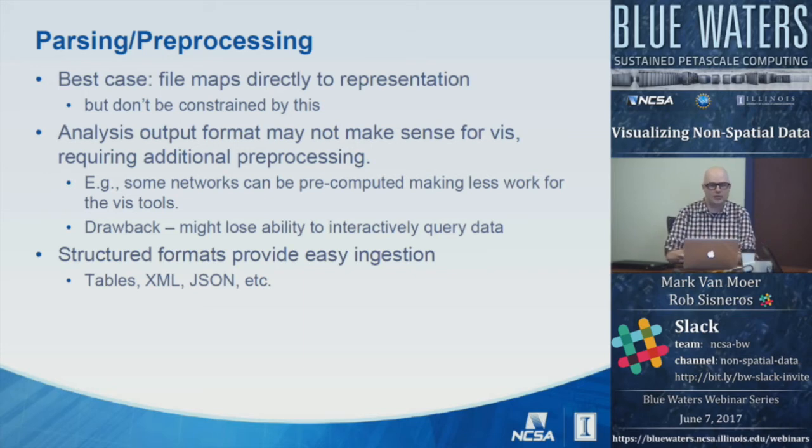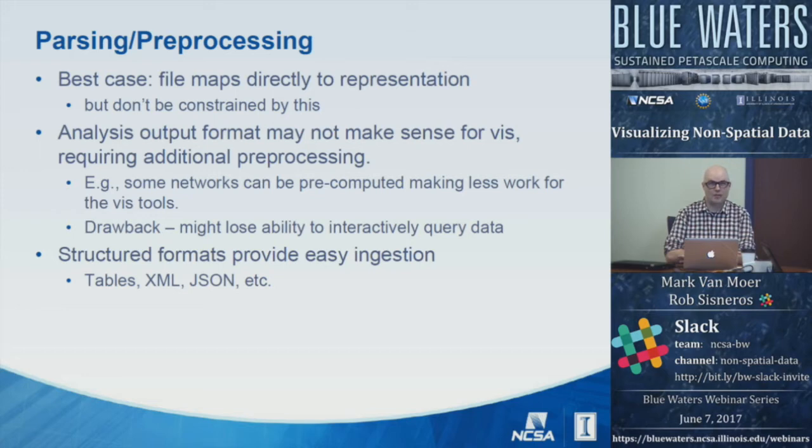But also, don't be constrained by that. Just because something happens to be in, say, an XML format that maps really easily to some type of tree data structure doesn't mean that you are restricted to visualizing it as a tree or as a hierarchy. There may be other ways to pull out data and end up doing other visualizations.